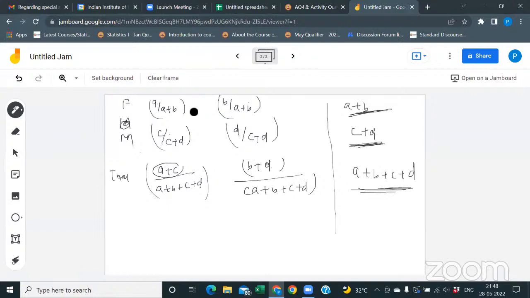For finding the percentage, you just multiply by 100. After calculating everything, suppose the first row comes out to be 50% and 30%. It was 49%, and it is coming out to be 51%.